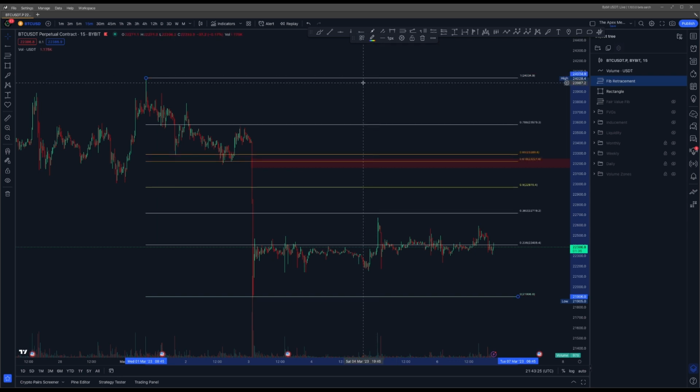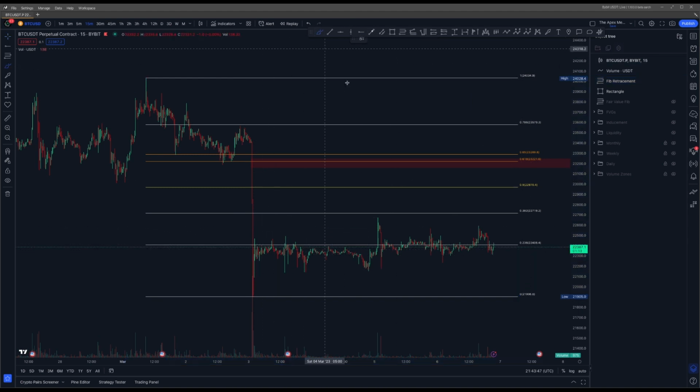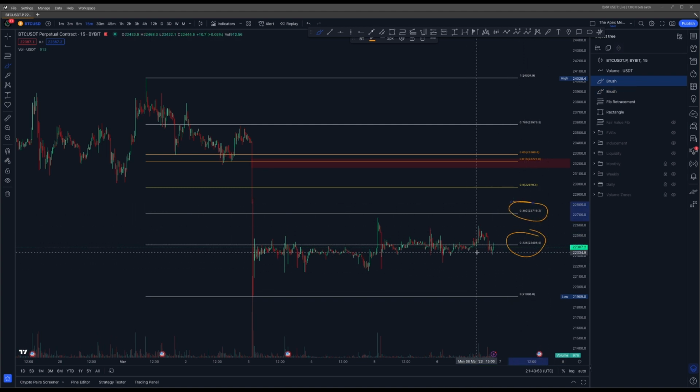And what this gives us is the ability to look at the Fibonacci numbers, right? Now the Fibonacci numbers, this is your 0 point, this is your low point, and this is your high point, so you're 0 to 1, and then every ratio in between, that's a Fibonacci number. So the first one we have is the 0.236. Second one we have is the 0.382.